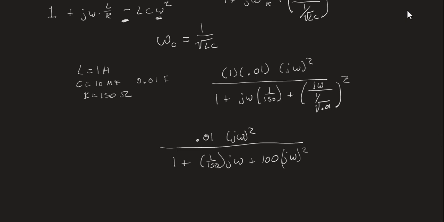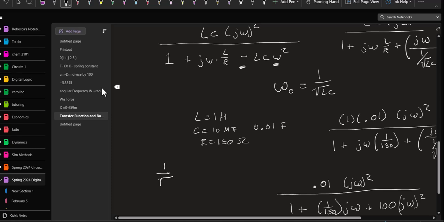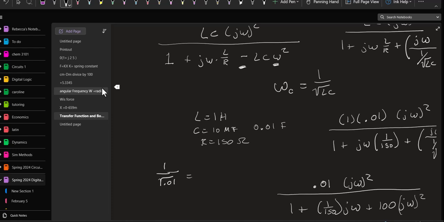And then to get this into the form that we need, well, what form do we need? We really are almost there. We have it in the form we need because we know what the corner frequency is. The corner frequency is omega c, and omega c is 1 over the square root of 0.01, which is 100. So actually, I wrote this wrong.